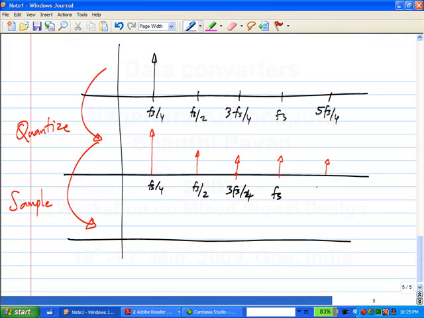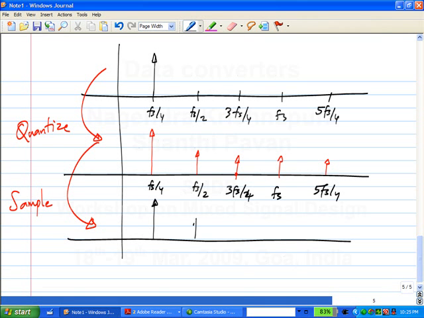What will happen to the tone at Fs by 4 after sampling? Where will it be? At Fs by 4. Right? There will be no aliasing for this. For Fs by 2? Same. Fs by 2 will be the same. Fs will become 0, right?